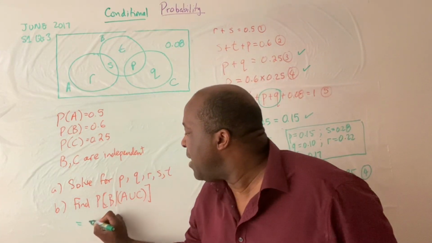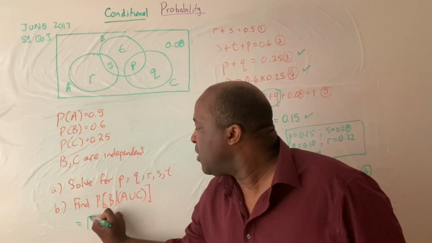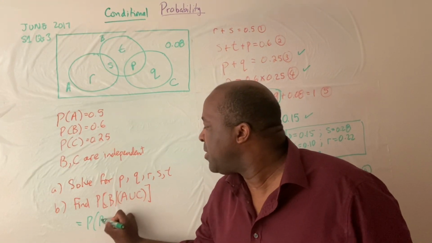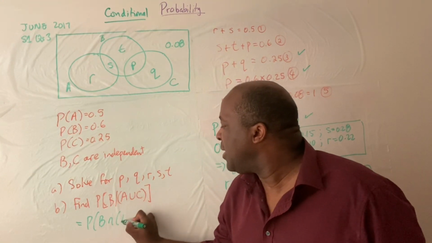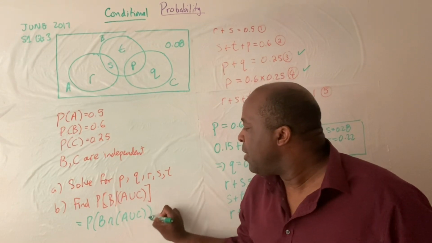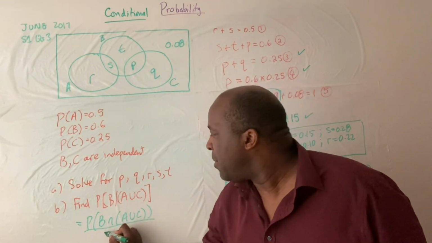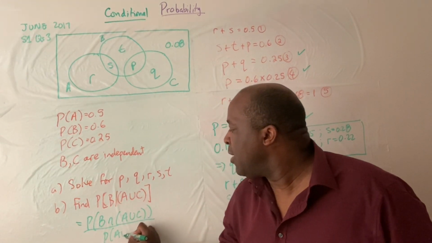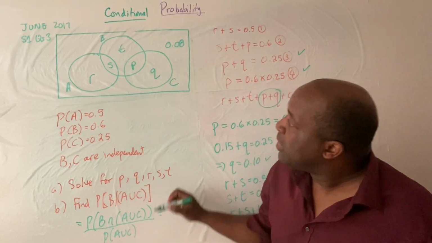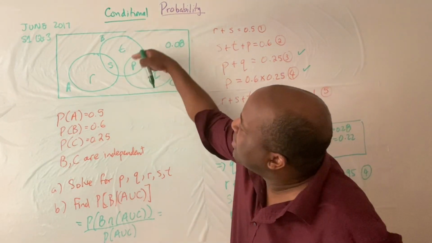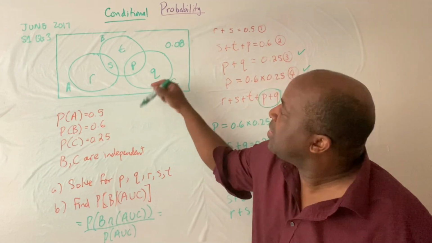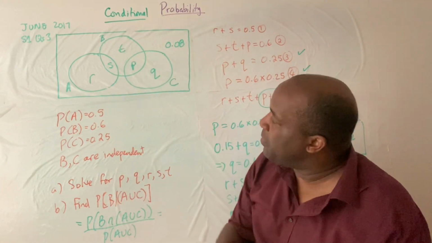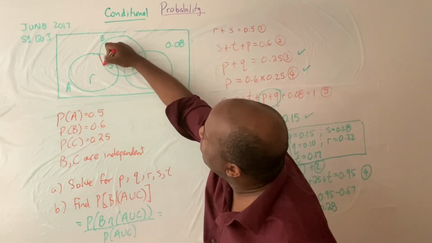So here, by formula, this will be the overlap, the probability of B intersect A union C, divided by the restriction A union C. So the overlap, B intersecting with A union C, the overlap will be this region here.